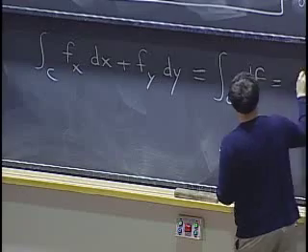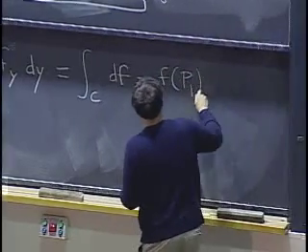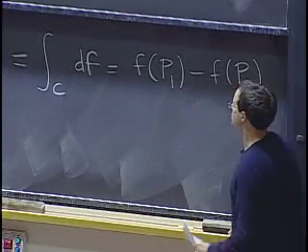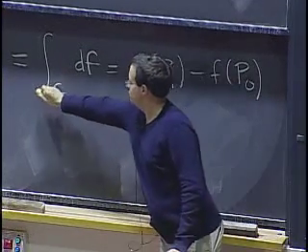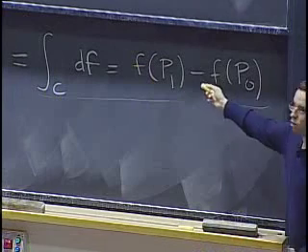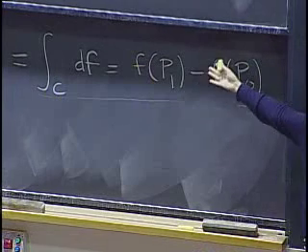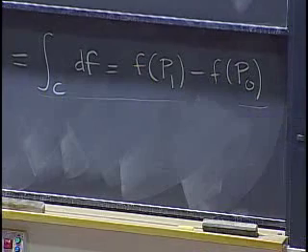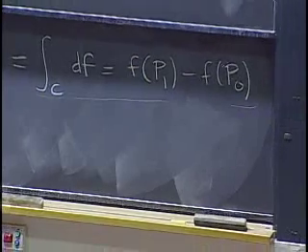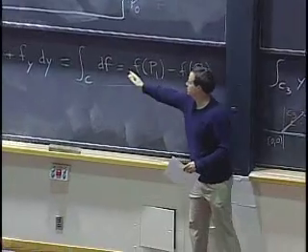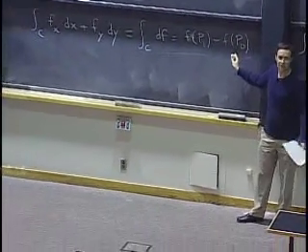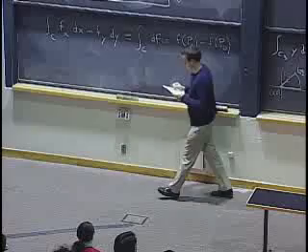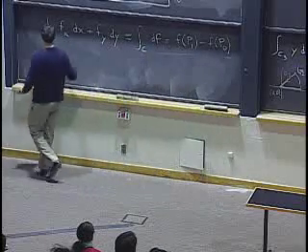Well, then that's the change in f. And of course, if you write it in this form, then probably it's quite obvious to you that this should be true. I mean, in this form, it's the same statement as in single variable calculus. Okay? And actually, that's how we prove the theorem.